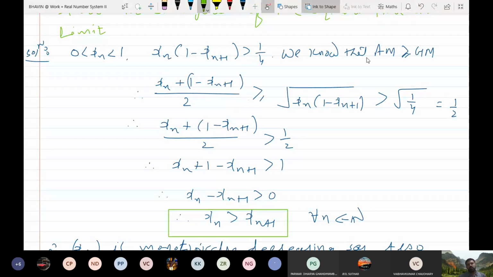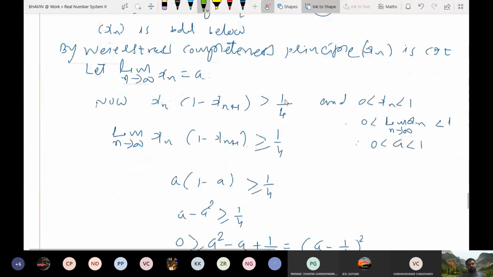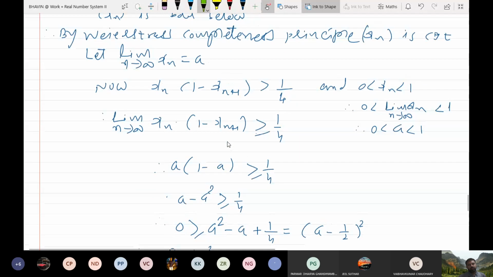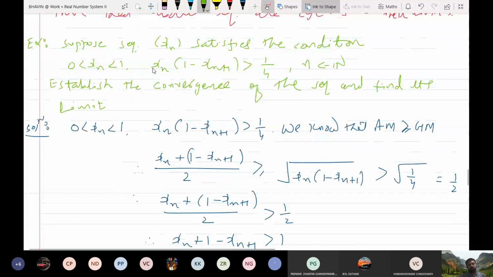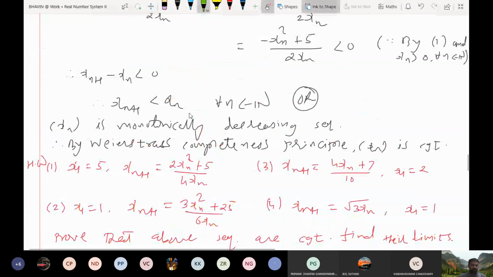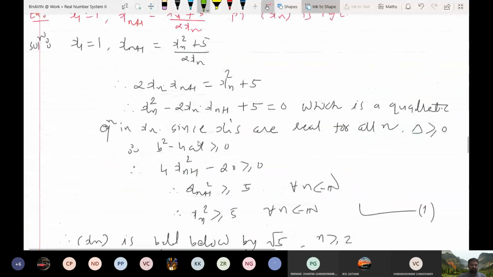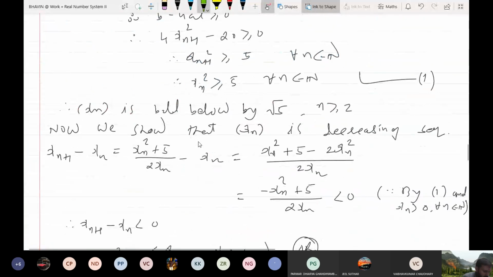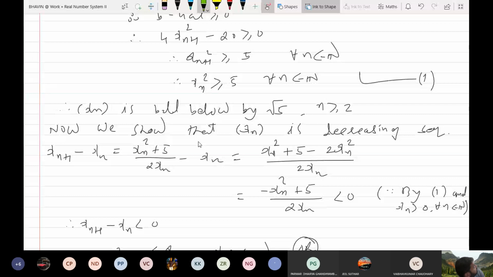We have used that arithmetic mean is always bigger than geometric mean. Here no term is given to me, and the recurrence relation is in the form of an inequality, yet I can find its limit. So this is a very good example. Clear? Now let me take another example.